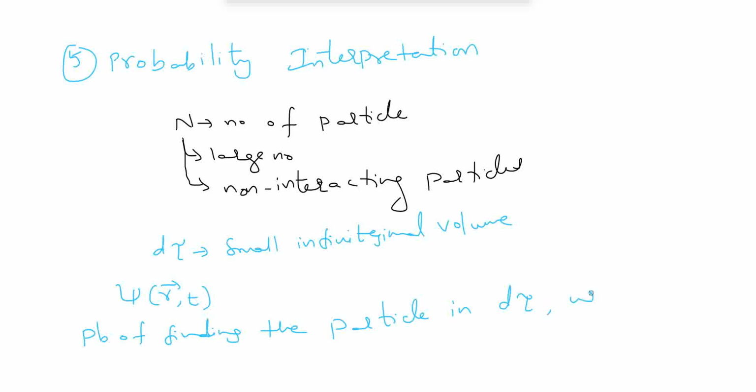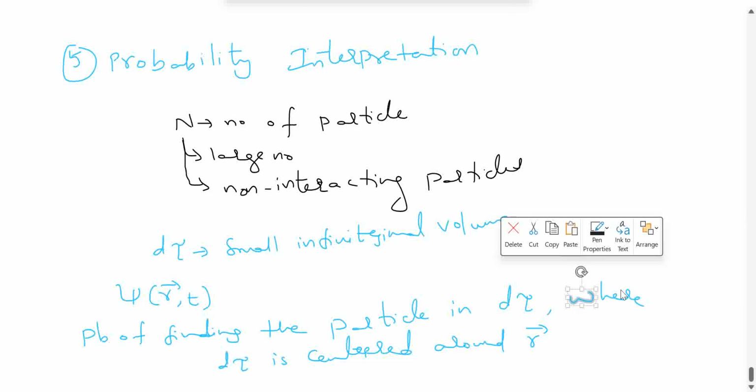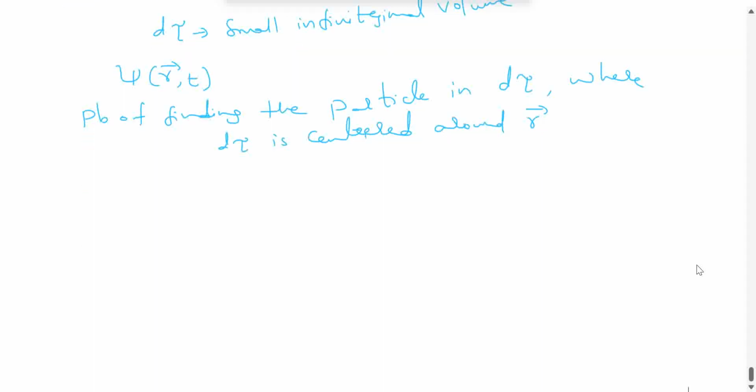Where d tau is centered around r bar. We have to calculate that probability.